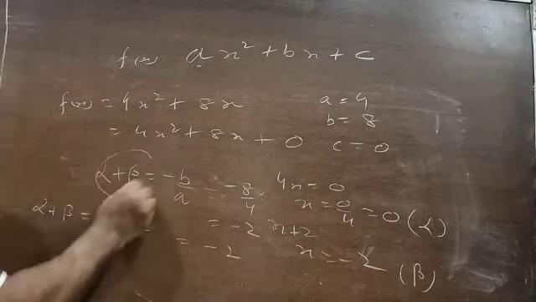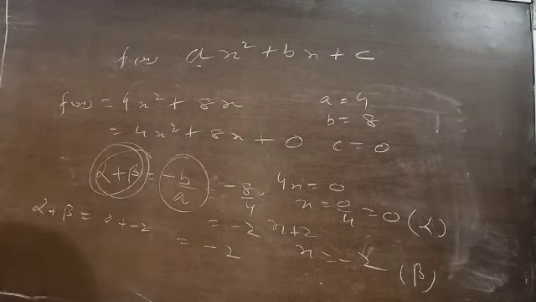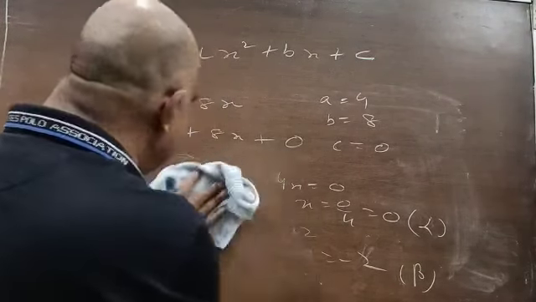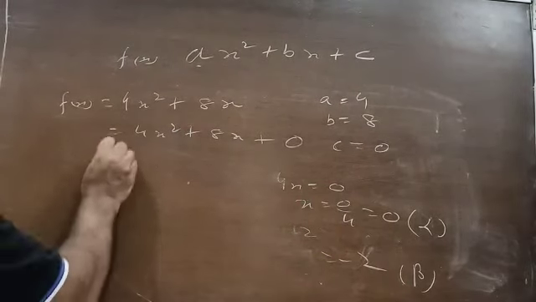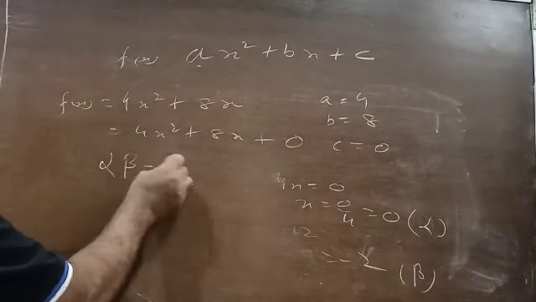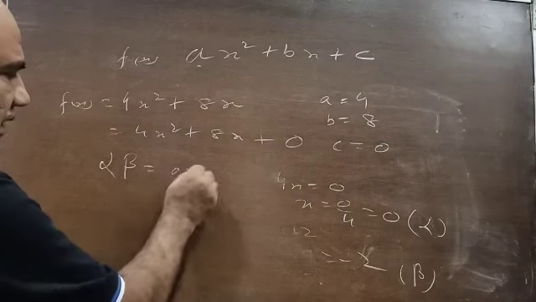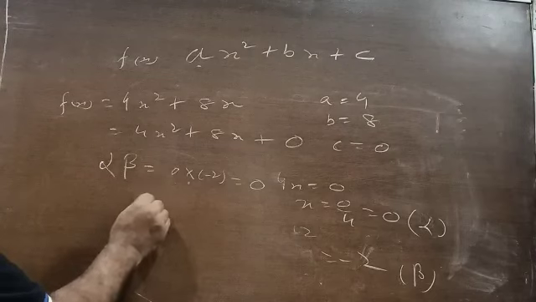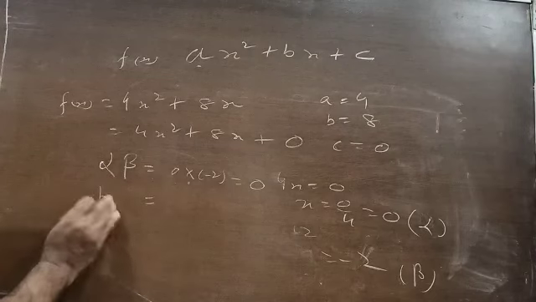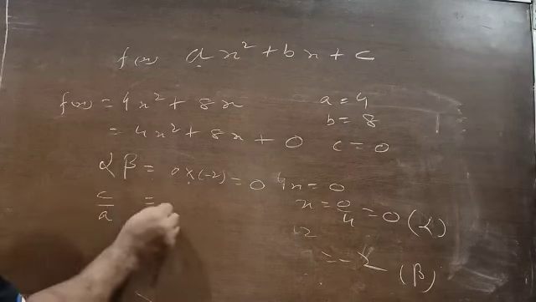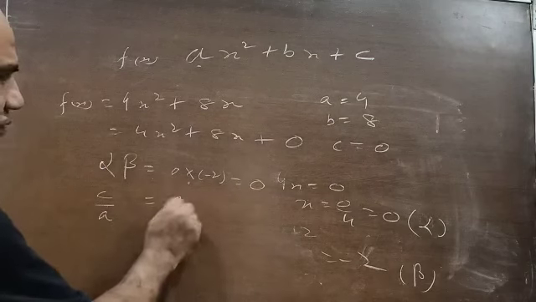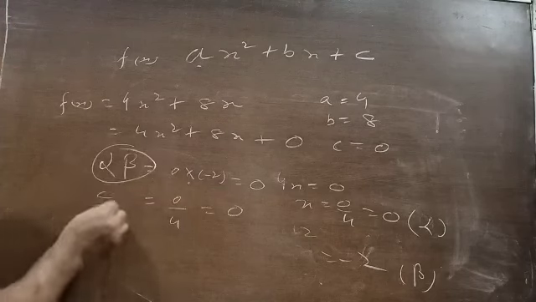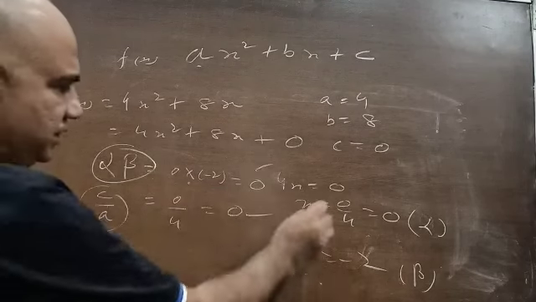So alpha plus beta is the same as minus b upon a. Now let us try another relation, alpha into beta. Here alpha is 0 and beta is minus 2, so the product is 0. And alpha into beta is supposed to be c upon a, so c is 0 upon 4, that is also 0. So alpha into beta is the same as c upon a, both are zeros.